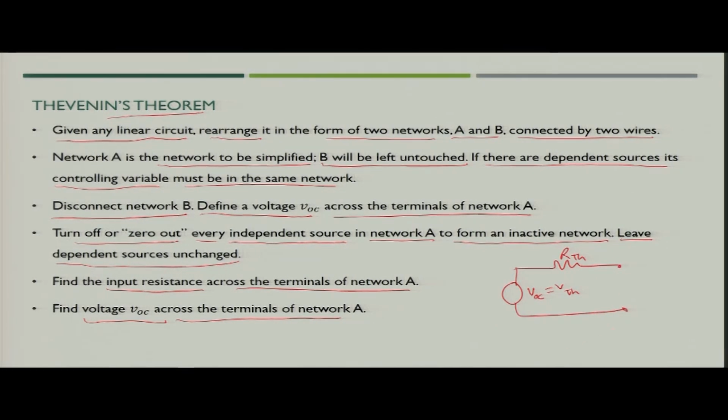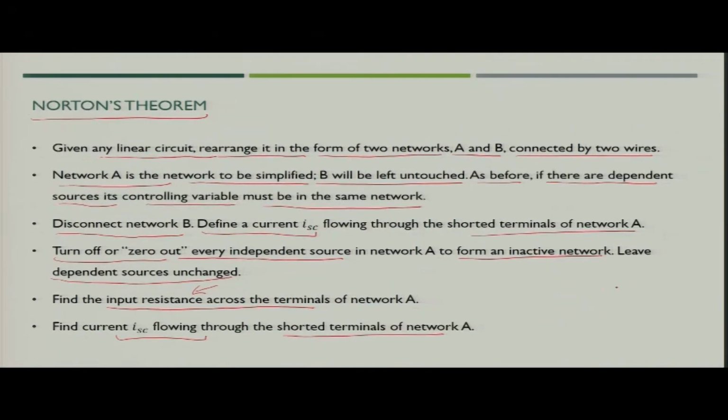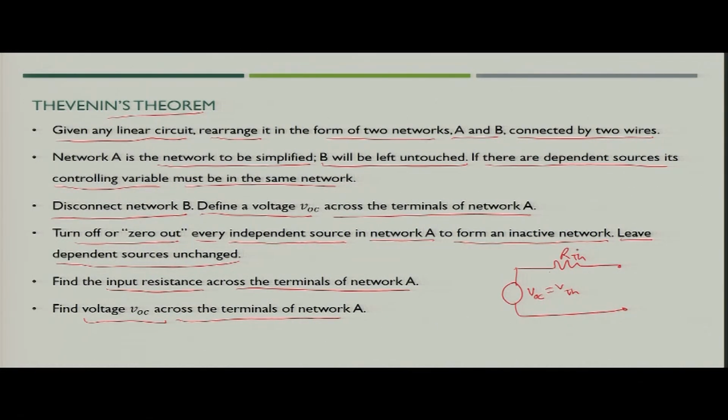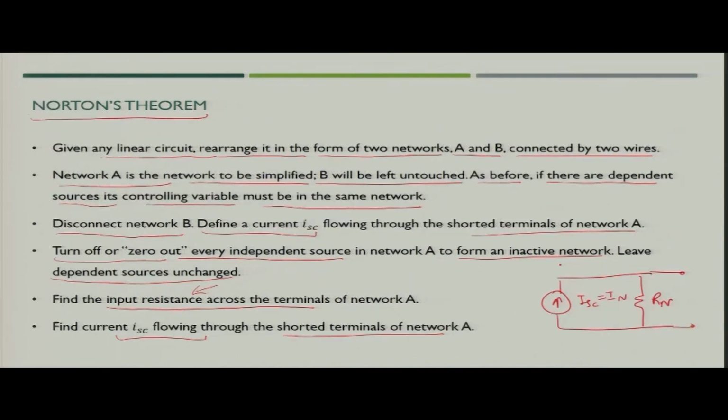So, this would be Thevenin's equivalent, while in case of Norton's you will have the short circuit current, or you can say it is Norton's current, and then in parallel you will have resistance RN, that is Norton's resistance, which would be found similar to what we did for RTH. So, in both of the cases finding out the resistance will be the same.